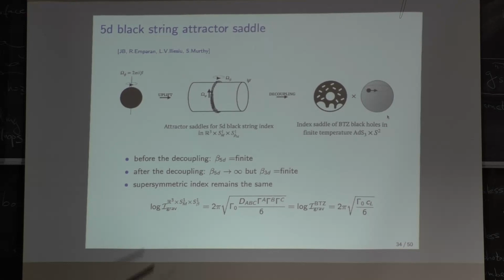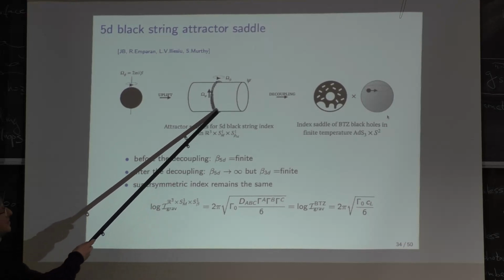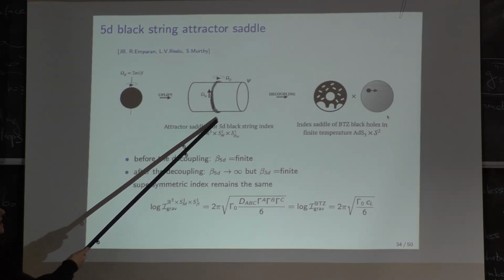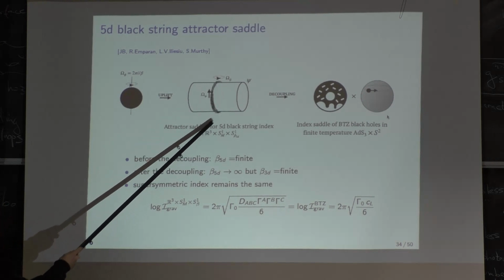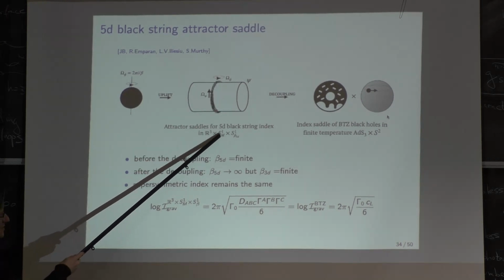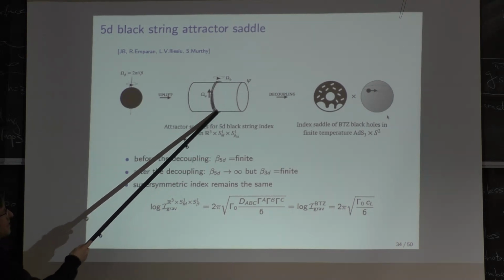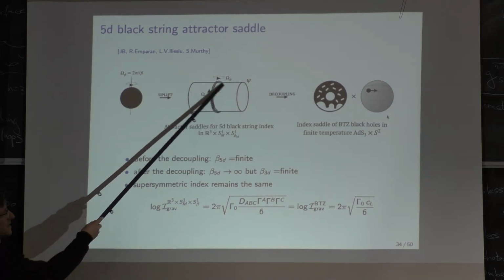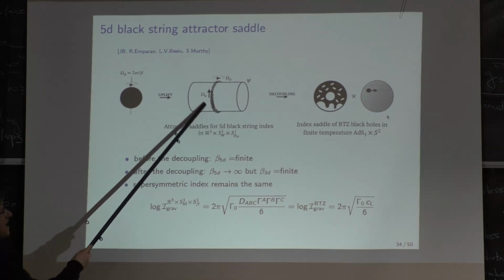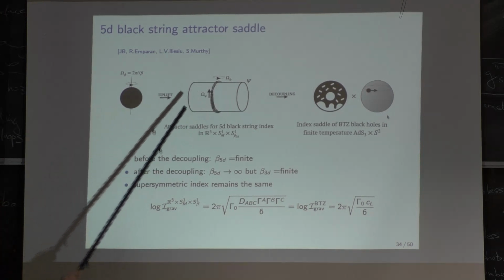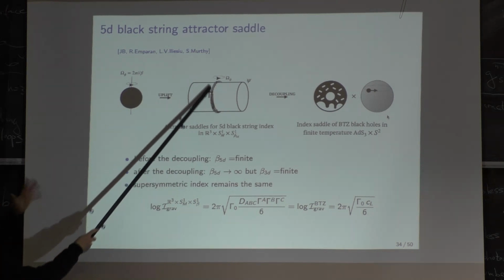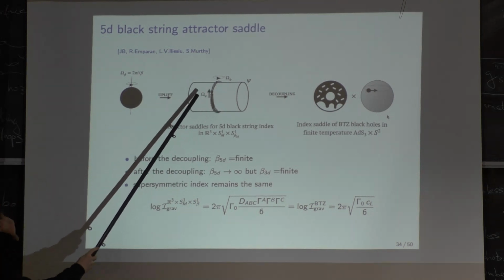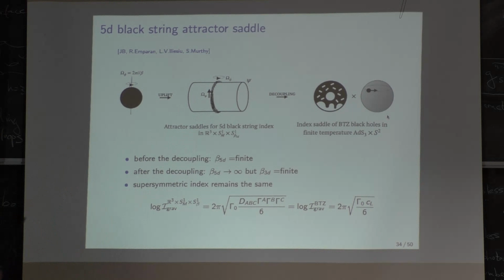The index remains invariant throughout, and so we already get the answer. This index, with R3×S1×S1 asymptotics, is captured by a black string that wraps this M theory circle and rotates in 2 directions. It rotates in a 5 direction, which is hard to draw here, and it also rotates along the M theory circle.